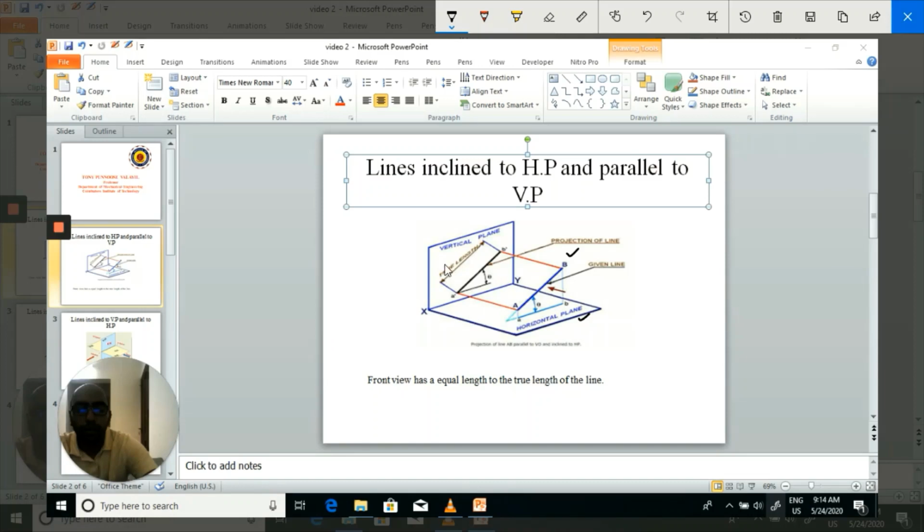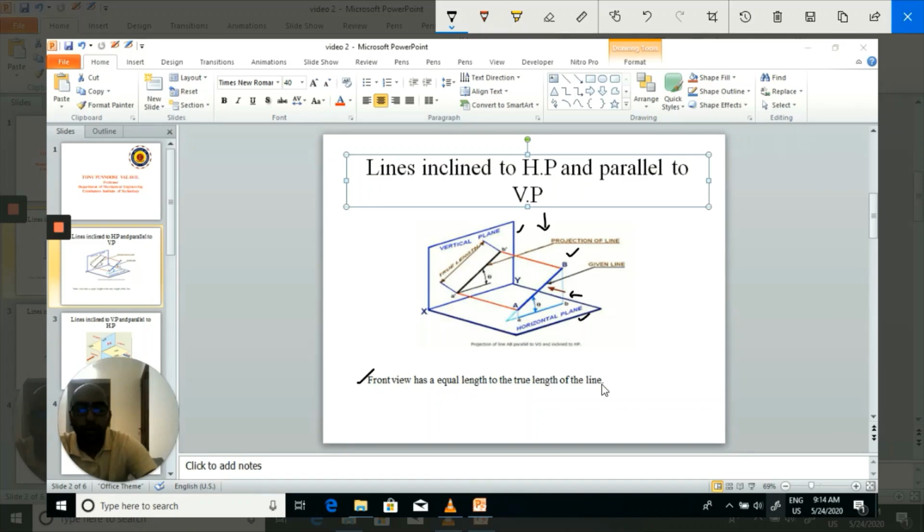So when looking from the front, the view will be on the vertical plane. Then looking from the top, the view will be on the horizontal plane. Now the point to be understood here is that the front view has a length equal to the true length of the line.